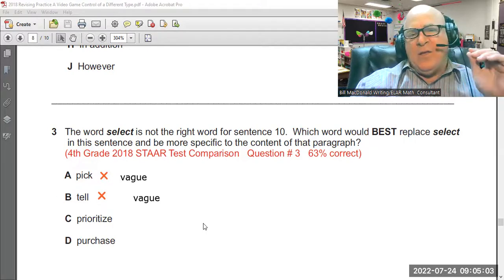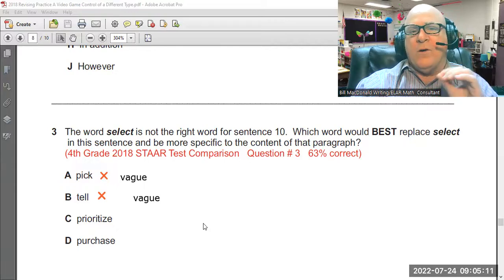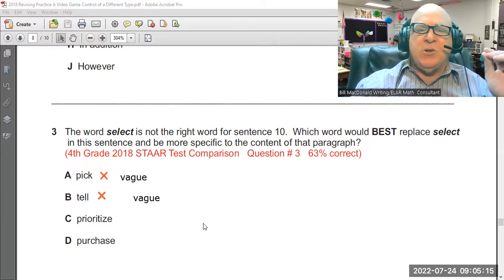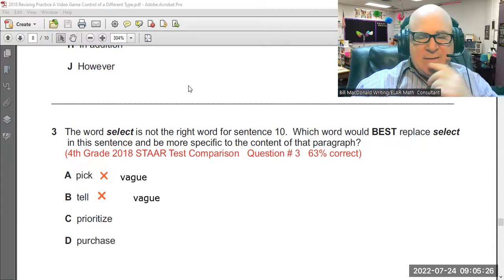So if I use it in the context of my life, I say, I need to prioritize my family over my job. I need to prioritize my family over my hobbies, my things that I like to do in my free time. So when I test that one, I was like, that sounds pretty good.